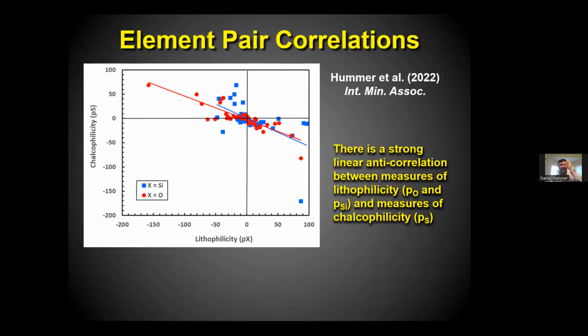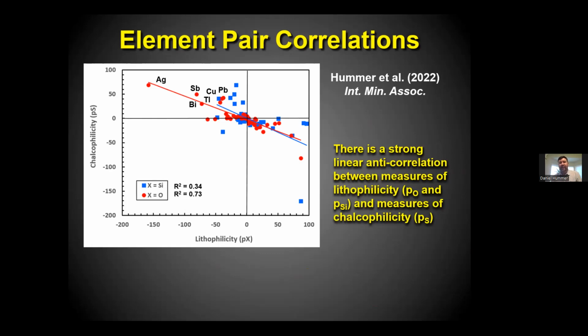And you can develop essentially a spectrum of all of the elements that plot on this diagram, where in particular we're going to use the oxygen values because you can see its R squared, its correlation value, is much higher than it is for silicon. So elements like silver, which I used as an example in the beginning, actually turn out to be, by this measure, the strongest chalcophile element. It loves to occur as sulfides and essentially never occurs as an oxide.